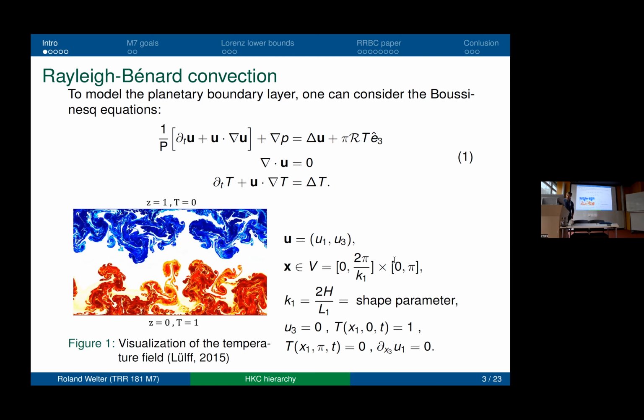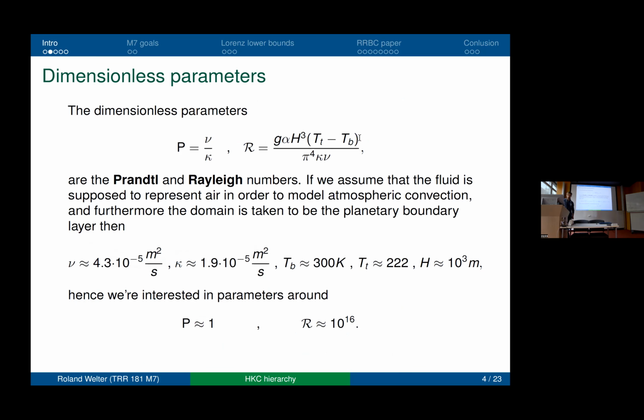All of these variables have been non-dimensionalized, so the temperature can be taken at the bottom to be 1 and 0 at the top. And we can see that this model depends on 2 parameters. These are our dimensionless parameters.